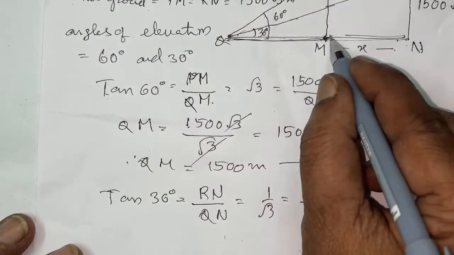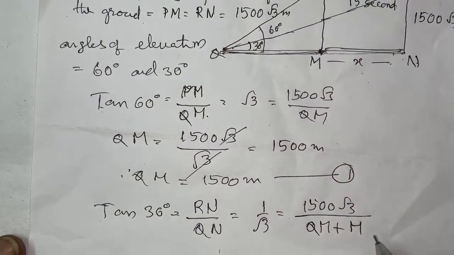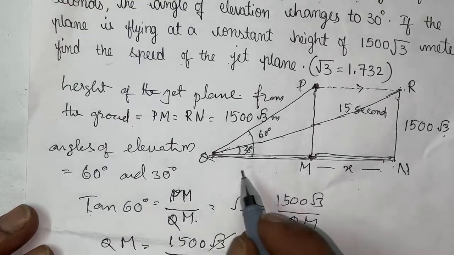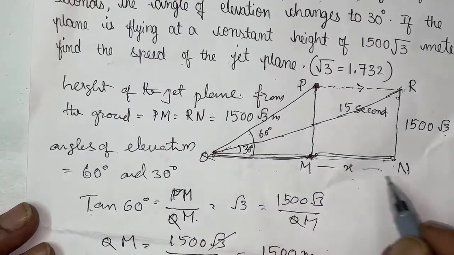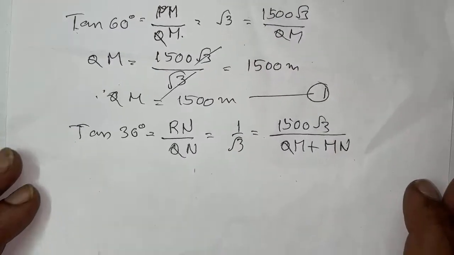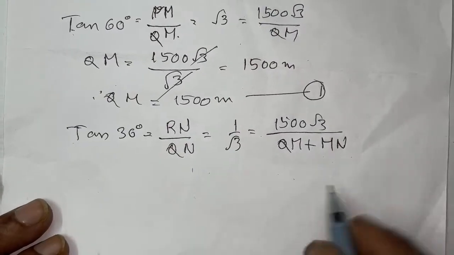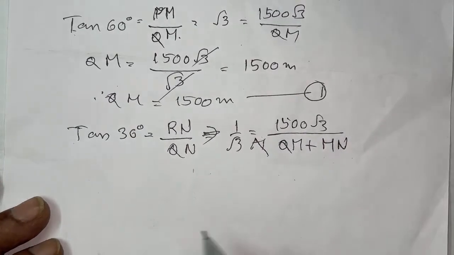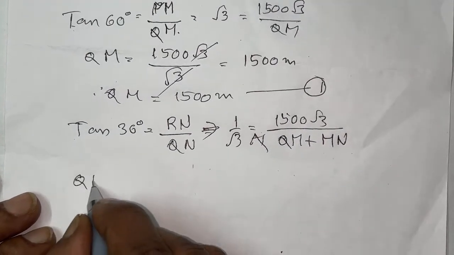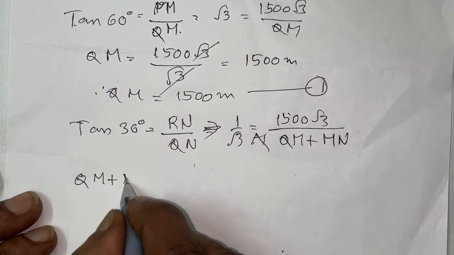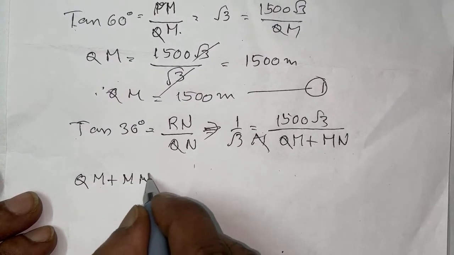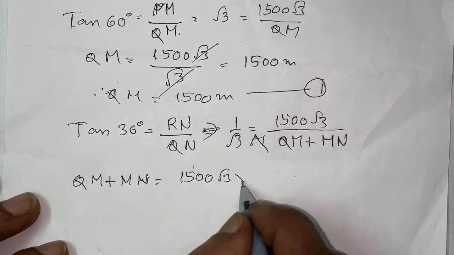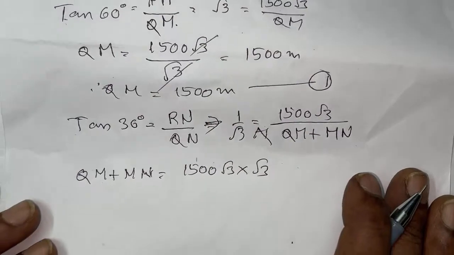QM is this one and MN is this one, and we want MN. So now cross multiplication of this equation: QM plus MN is equal to 1500 root 3 into root 3.